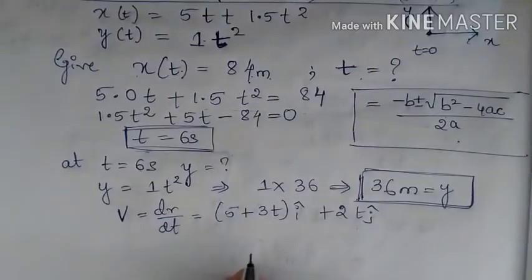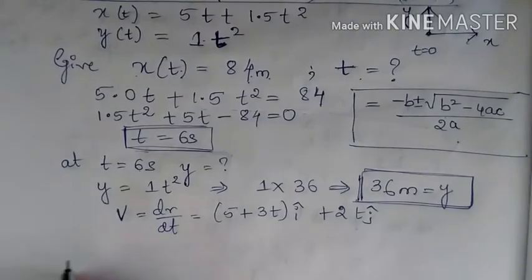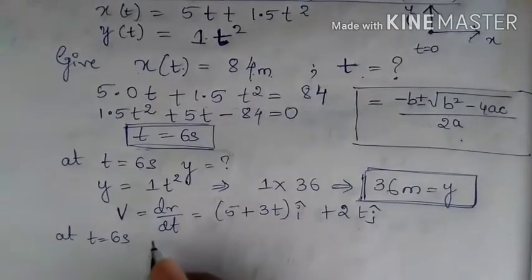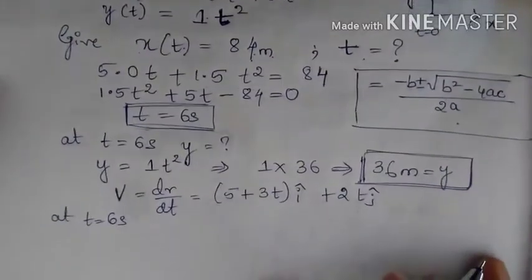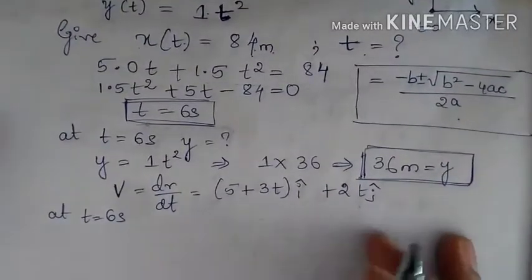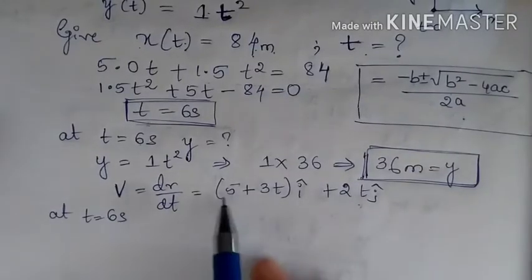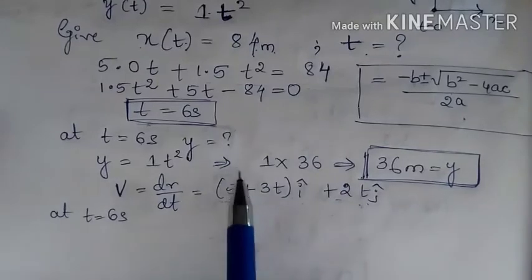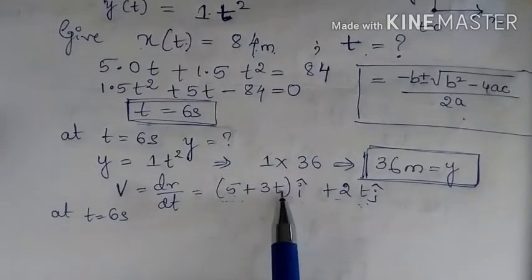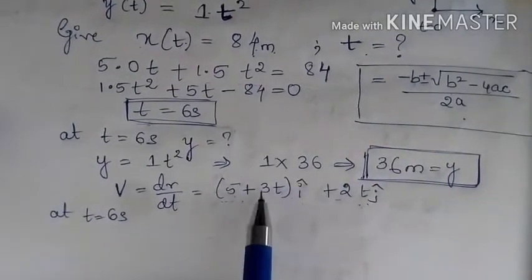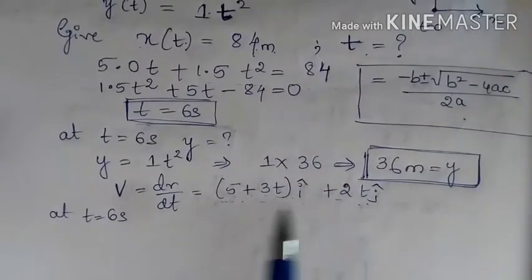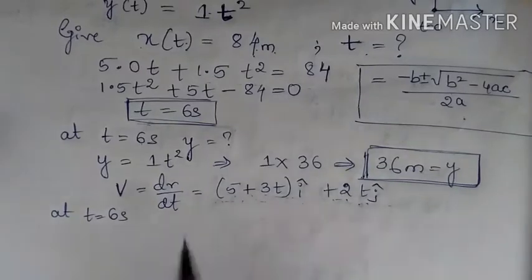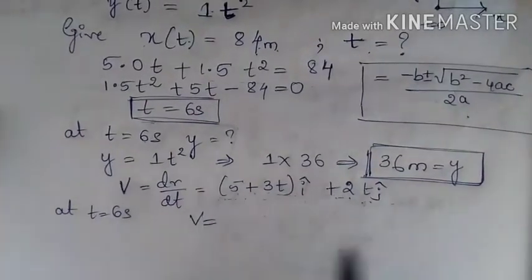So try differentiating this at t is equals to 6 seconds, because if I differentiate and keep the answer every time, then you will not understand. So try doing the differentiation of 5 plus 3t plus 2t. It is so simple. Write the terms separately, then differentiate. There is only one t here, so it has no higher powers. Try to solve this equation, then you get v is equals to some number.